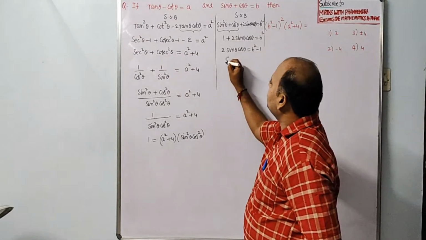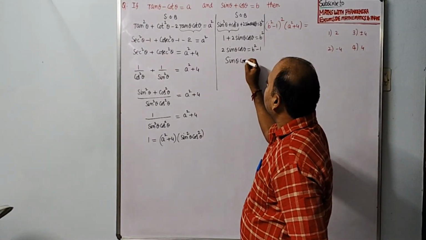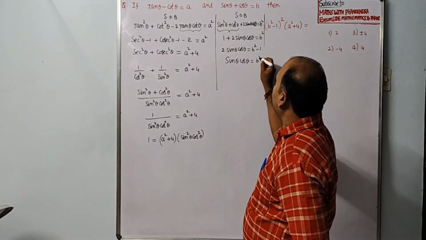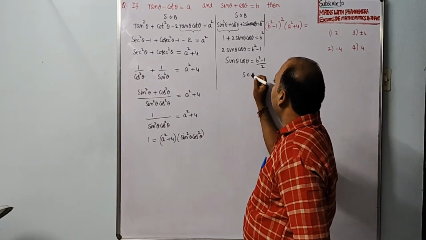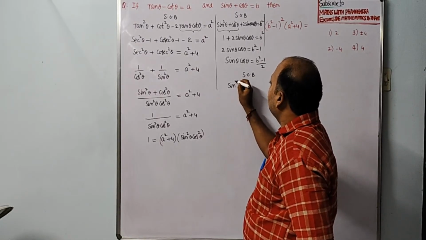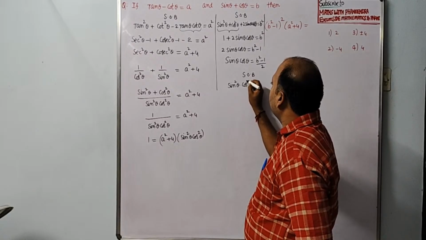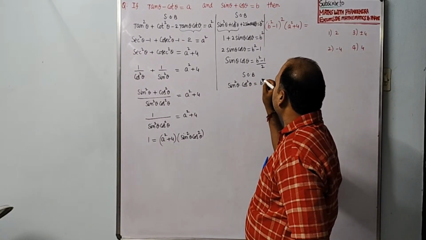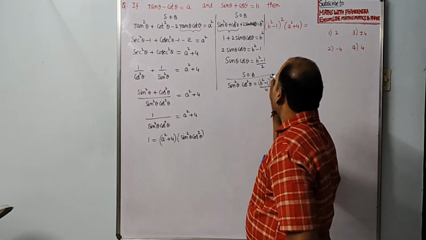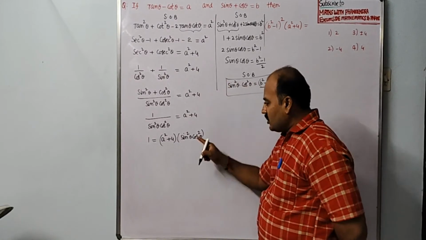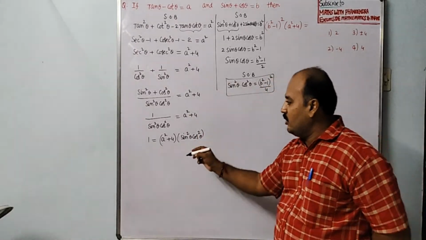So sin theta into cos theta equal to B square minus 1 divided by 2. Squaring on both sides, sin square theta into cos square theta is equal to B square minus 1 whole square by 4. So wherever sin square theta into cos square theta is there, replace with this value.